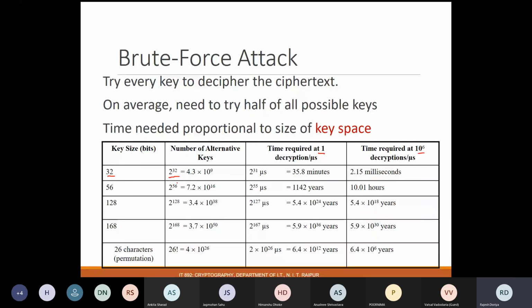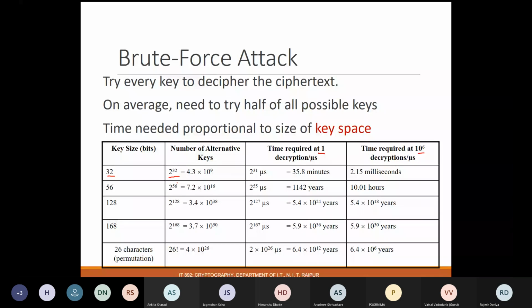Just think about your permutation and combination. 256. Okay.